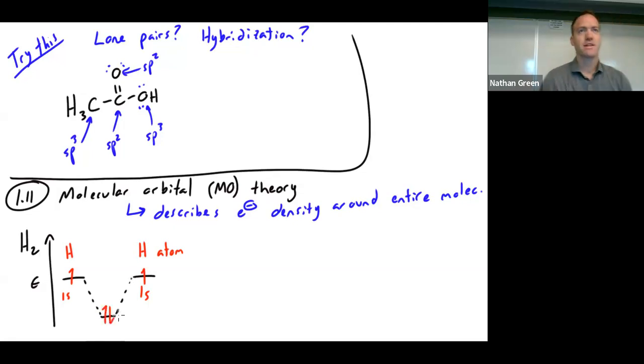I've drawn a picture for you like this before. I just didn't call it a molecular orbital. This makes an H2 molecule, also known as a what kind of bond? Sigma bond. A sigma bond is actually a molecular orbital.